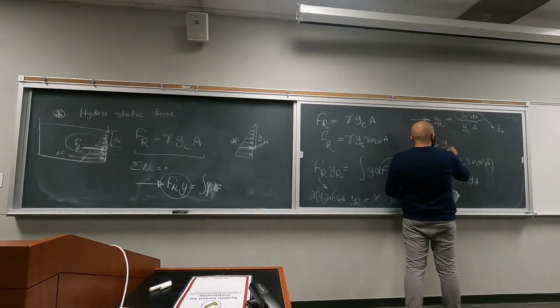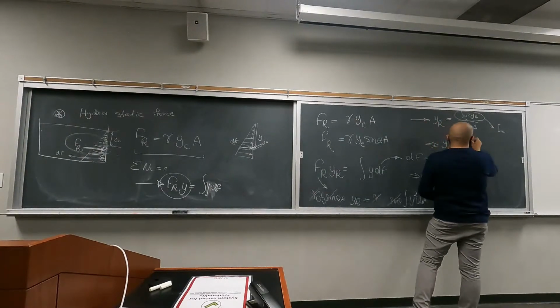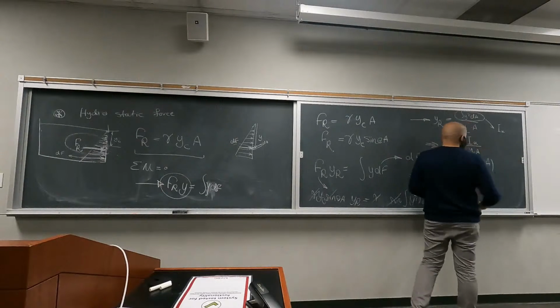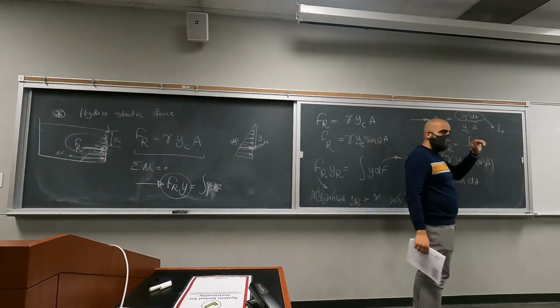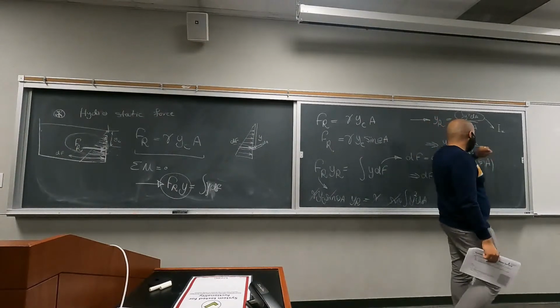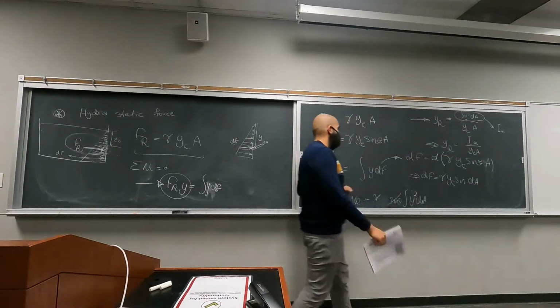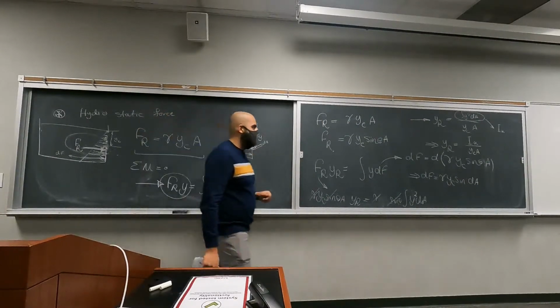We can actually find the location we are looking for by finding the first moment of area, which is the integral of y dA, the second moment of area or moment of inertia, and having the area of the wall itself. So first moment of area, second moment of area, and the area.